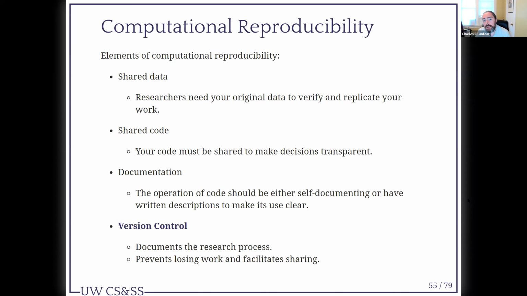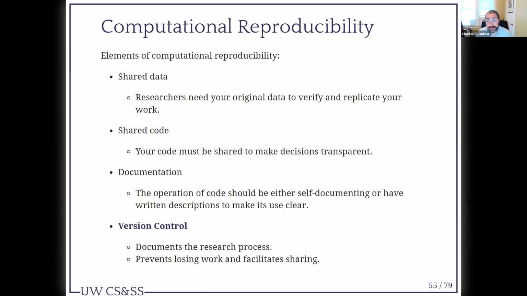Okay. Lastly, the last element of reproducibility, which is not technically necessary but is highly recommended, is version control. Version control, which is things like Git and GitHub, is a way of documenting the entire research process, every change ever made to any file in your entire project.